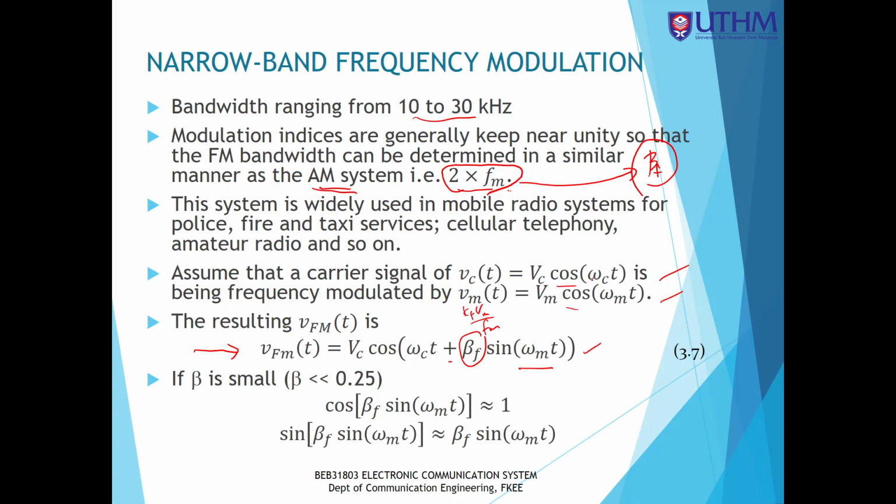Now we want to look inside the equation. If we rewrite the equation, what actually happens? Since this is narrowband FM, beta is small, normally less than 0.25.